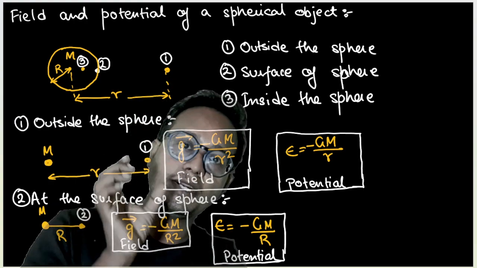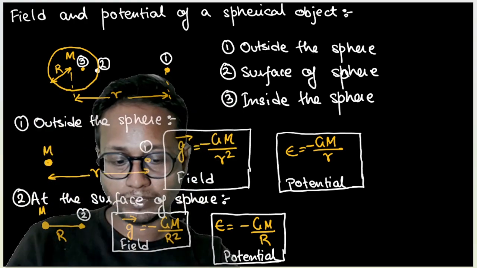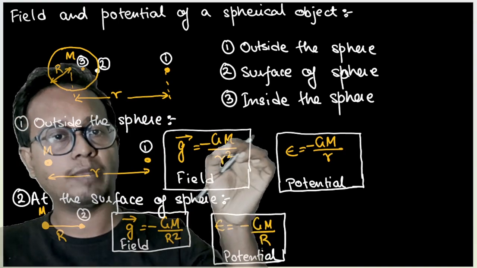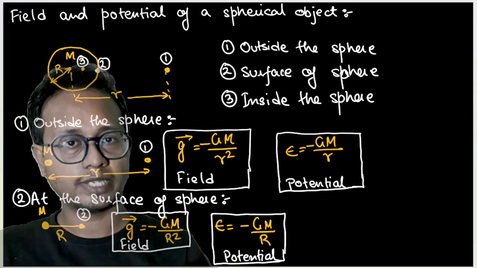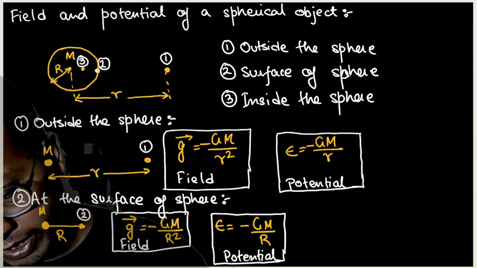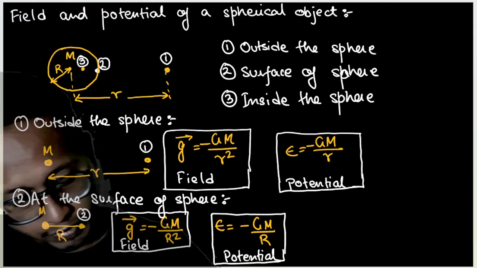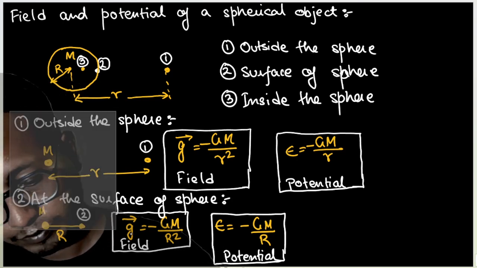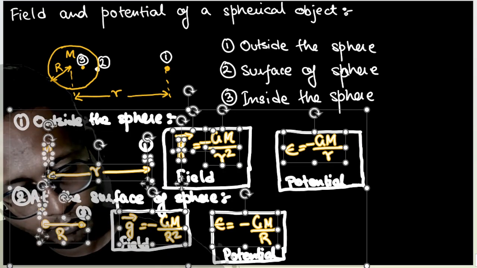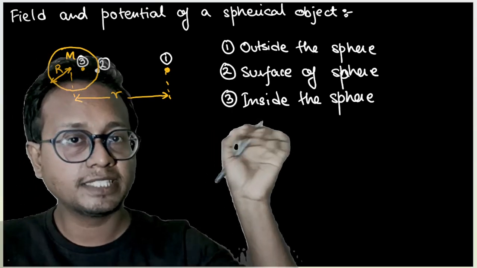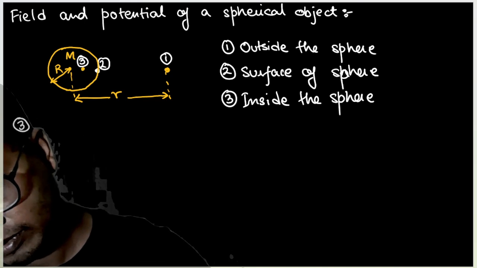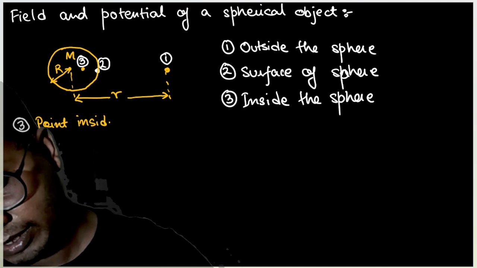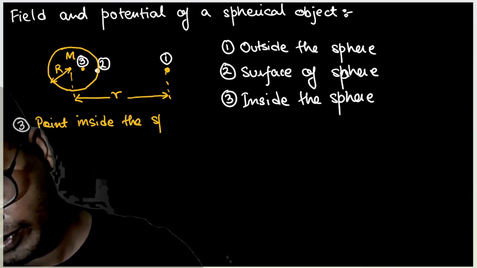Now things become a little bit interesting when the point is inside the sphere. Outside the sphere, it's the same formula: GM/r², or GM/r, or Gm1m2/r², Gm1m2/r. The third point: when the point is inside the sphere, what happens?